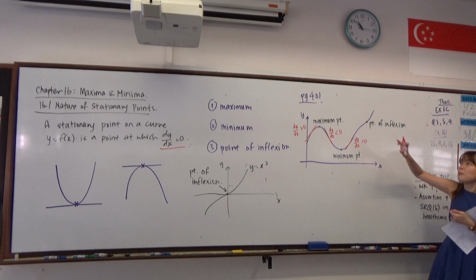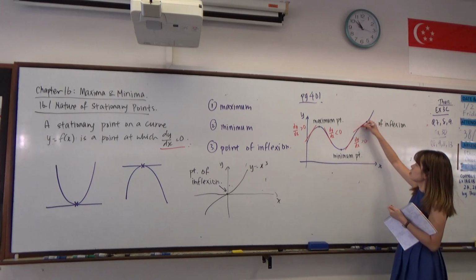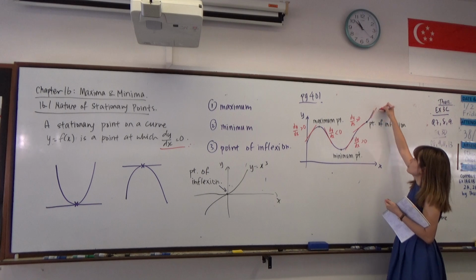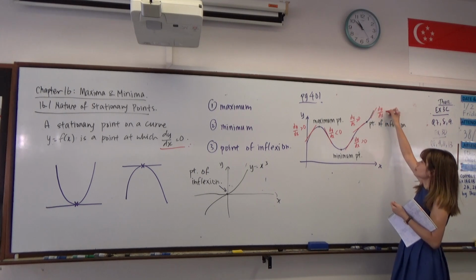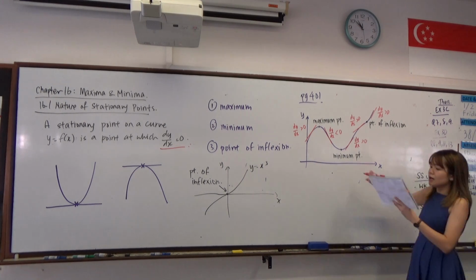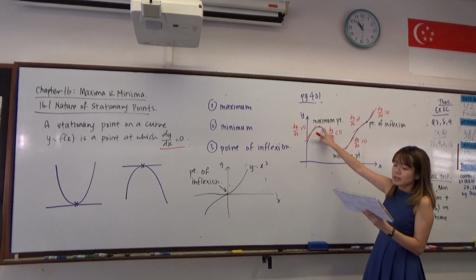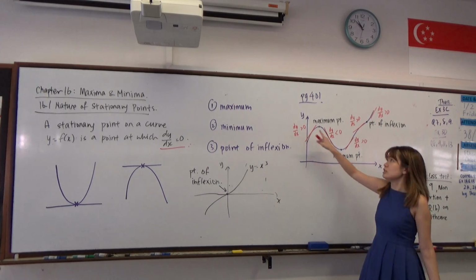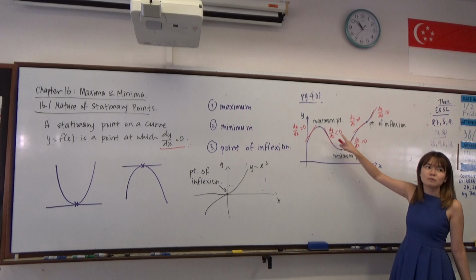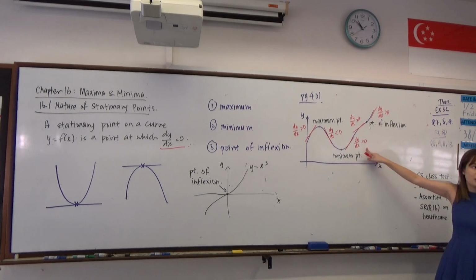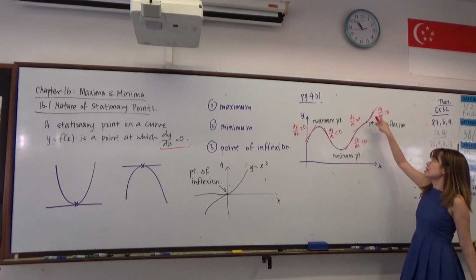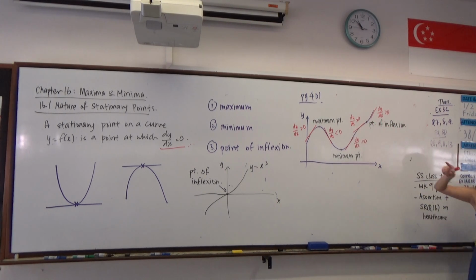Whereas for point of inflection, this side it is positive, and over here it is also positive. So what we're concluding is that for maximum point, your gradient changes from positive to negative. For minimum point, your gradient will change from negative to positive. Whereas for point of inflection, there is no change in the sign of your dy over dx.